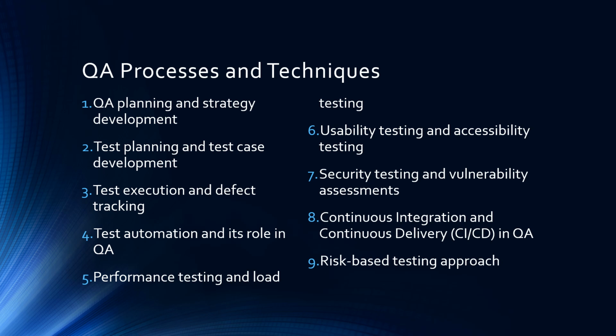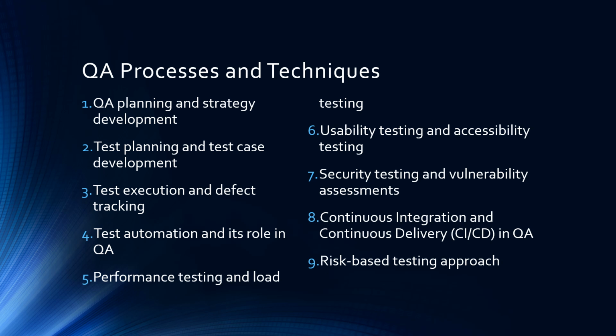We'll explore specialized testing types, including performance, usability, and security testing, each playing a vital role in ensuring comprehensive quality coverage. The integration of these processes into continuous integration and continuous delivery pipelines represents the modern approach to quality assurance.